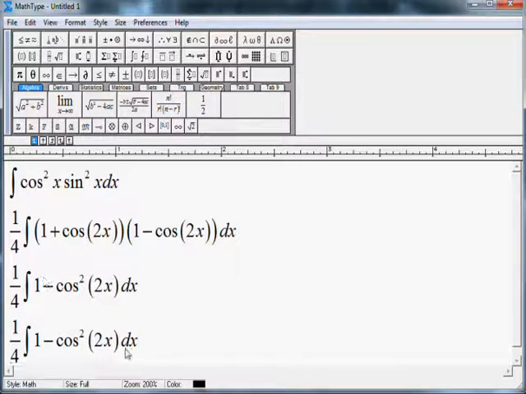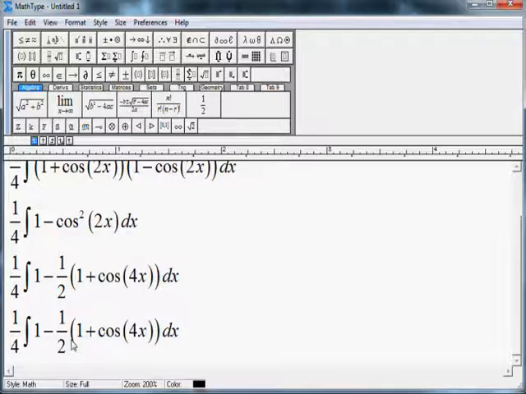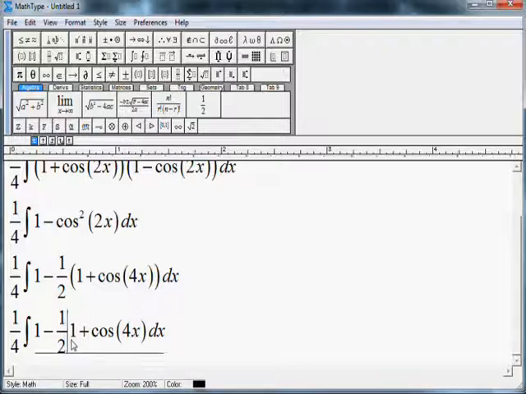So we will use that again. Let's make a new line, and this becomes 1/2, and then it becomes 1 plus cosine of 4x, because 4x is twice 2x. Now we can distribute this 1/2 through, and you get this, and then you get 1 minus 1/2, which is 1/2.